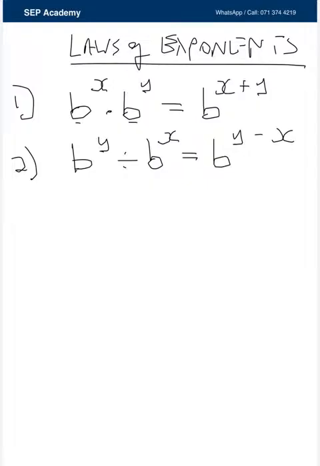This is different from that one where you add their exponents, because in that case you are multiplying the same bases. Maybe while we are still on this one, please be aware that b to the exponent y divided by b to the exponent x is the same as b to the exponent of y over b to the exponent of x, which is equal to, again, that same thing.